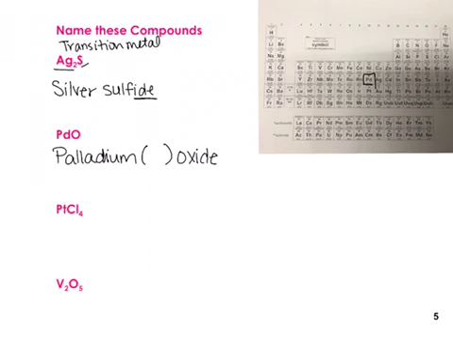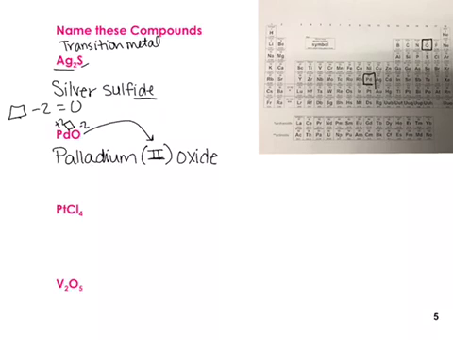And for palladium oxide, to figure out the number that goes in here, you look at oxide's charge, which is a -2. So the charge on palladium -2 has to equal 0. So what minus a 2 will give you a 0? That would be a +2. So you write that, but you write it in Roman numerals.